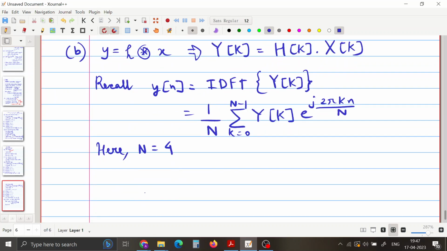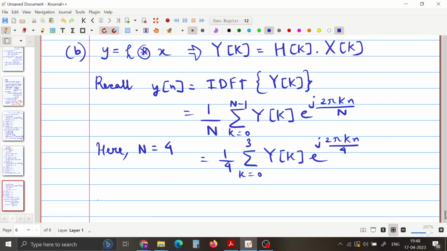So now this you can further write as 1 by 4, k running from 0 to 3, just putting cap N equals 4, times e power j 2 pi k n by 4.